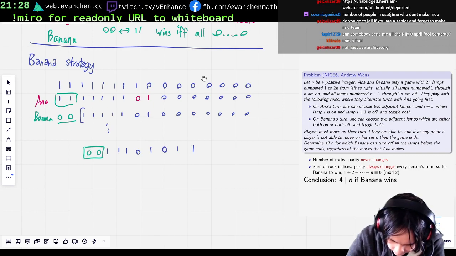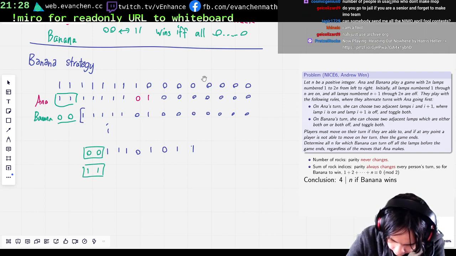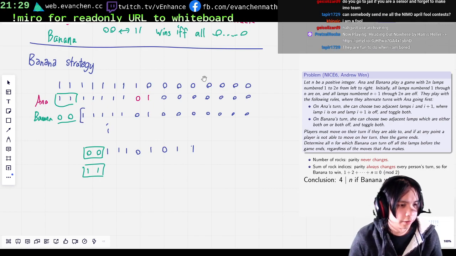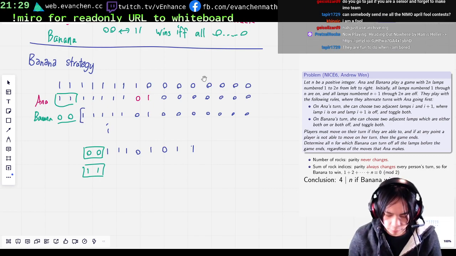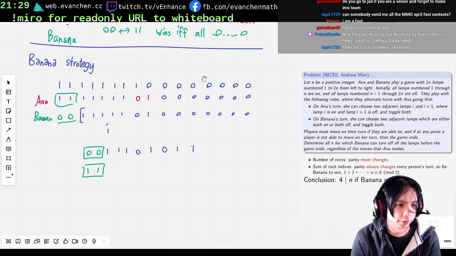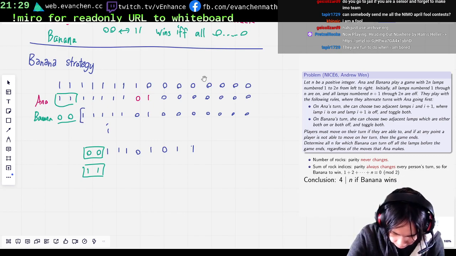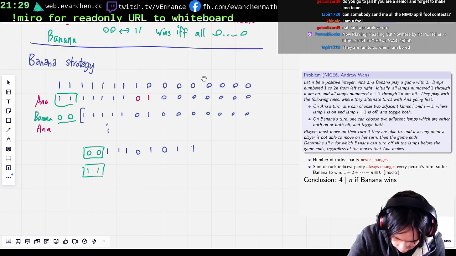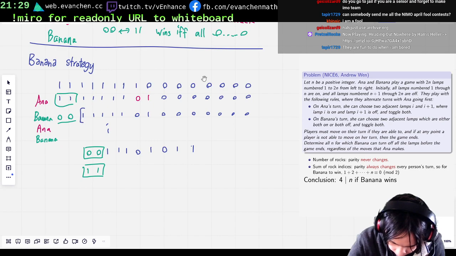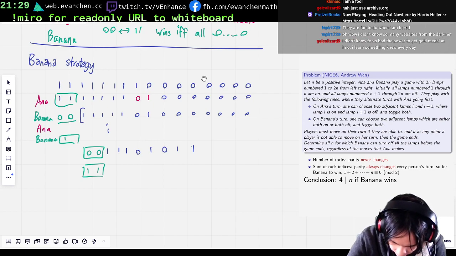Banana is going to always alternate between changing these things. So on some turns, she'll add 1, 1 to the left of whatever Banana did. Then on the next turn, Banana will remove it. So let me write out a couple turns for concreteness. So 1, 1. Let me just erase all this.